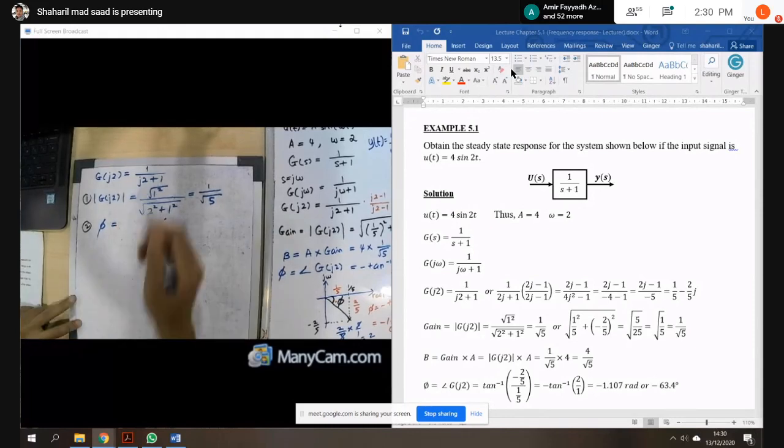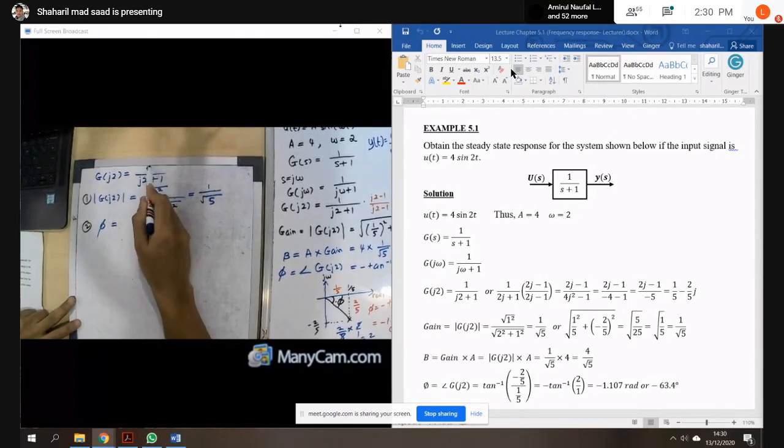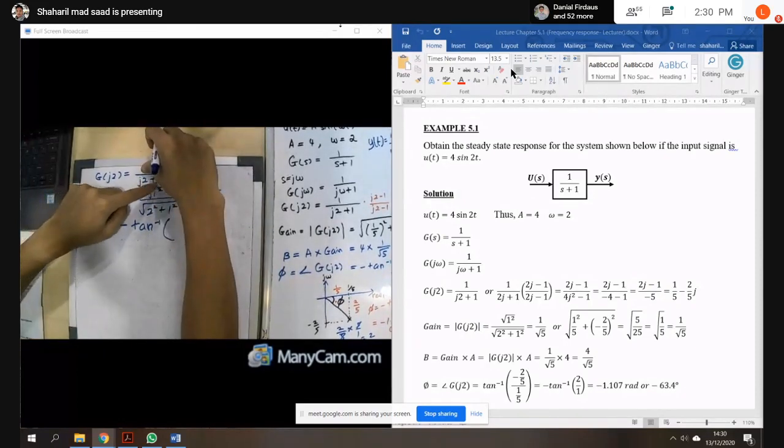Okay, all start from j2. G(j2) is 1 over j2 plus 1. For the P, when you see 1 over, that means it will have minus inverse tangent, and you just look at the denominator, j2 plus 1.